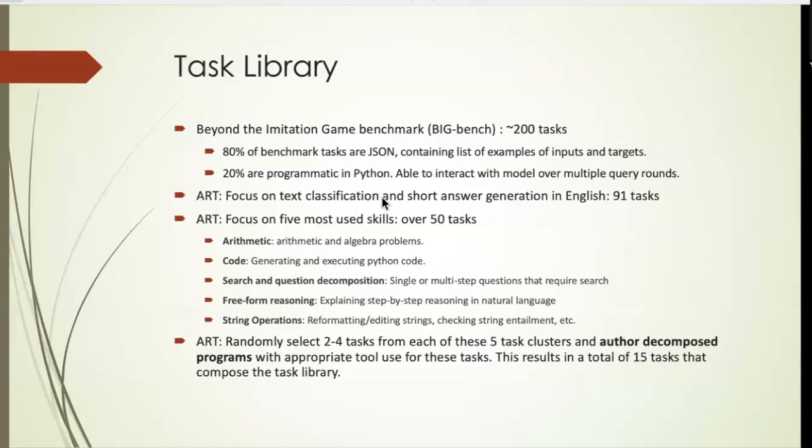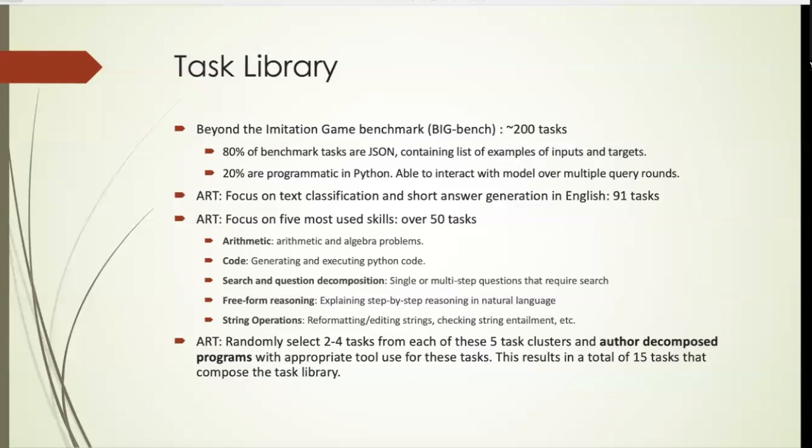And then this is written by humans, and then they got the response from the corresponding tool. So this is all the initial tasks by humans, and this results in a total of 15 tasks, kind of as seed tasks, to compose the task library there.